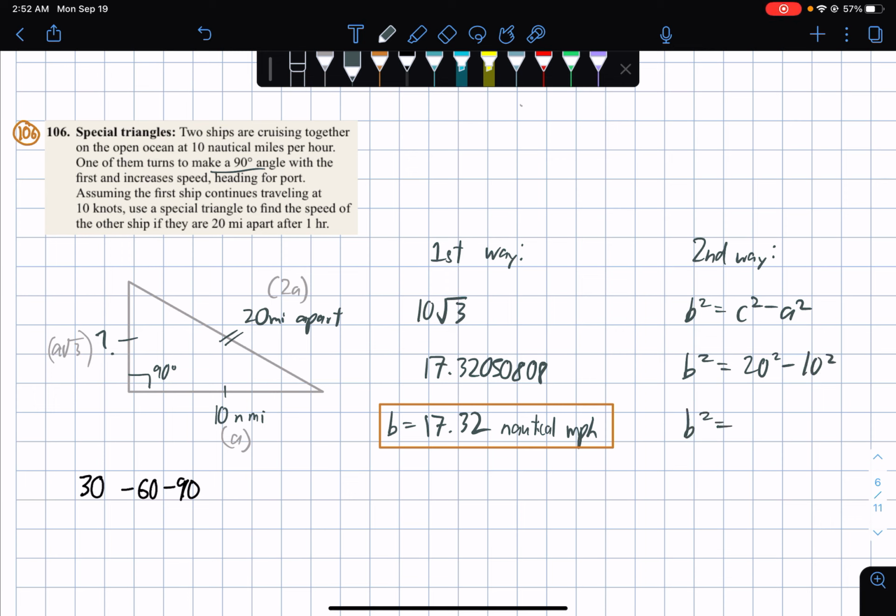Let's see, 20 raised to 2 minus 10 raised to 2, 300, square root of 300. B is equal to 17.32. Literally the same as what we have here.